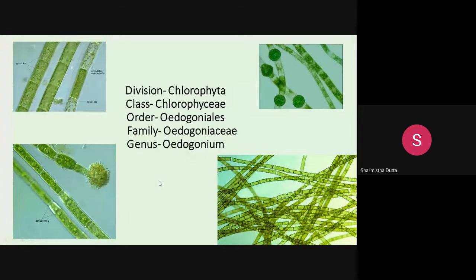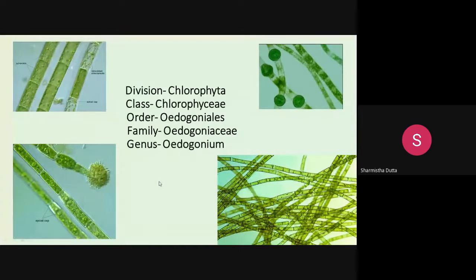What is the term used when it is arranged one above the other? Uni, very good. It is called uniciliate. And the filaments are cylindrical in shape, elongated cylindrical in shape.